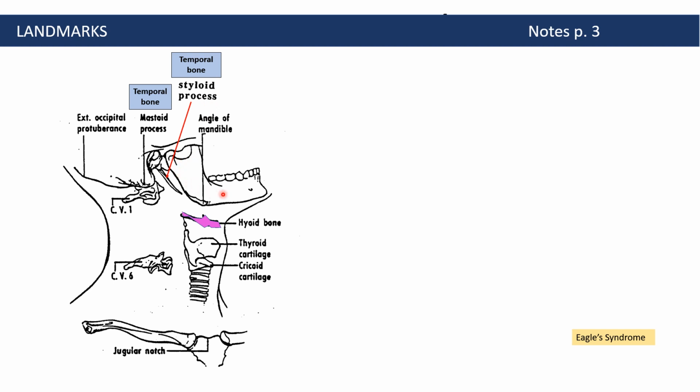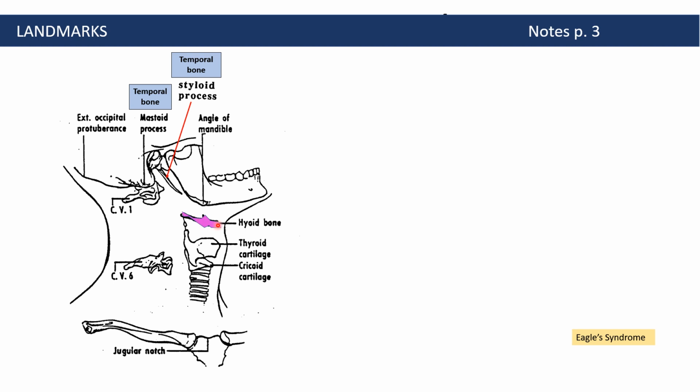The mandible is shown here with the angle of the mandible and the ramus of the mandible. And then inferior to that is the hyoid bone. The hyoid bone is unique in that there are no bony articulations for the hyoid bone.